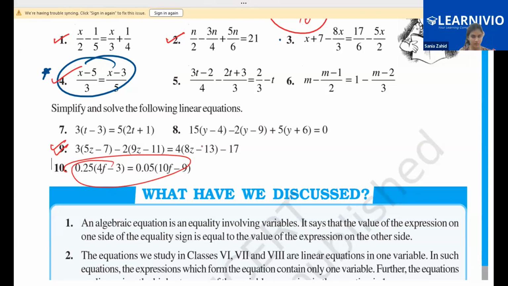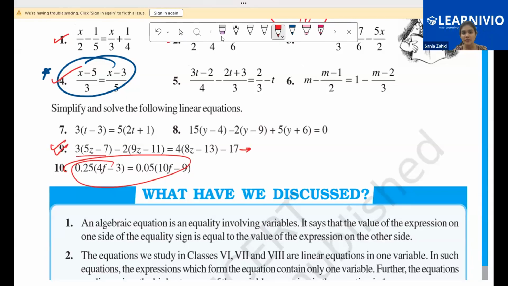Done, ma'am. Okay, let's discuss now. Shall we discuss, children? Yes, ma'am. So first of all, what do I have is 3 into 5z minus 7. What do I get here? Kumar, tell me. Ma'am, we get 15z minus 21.